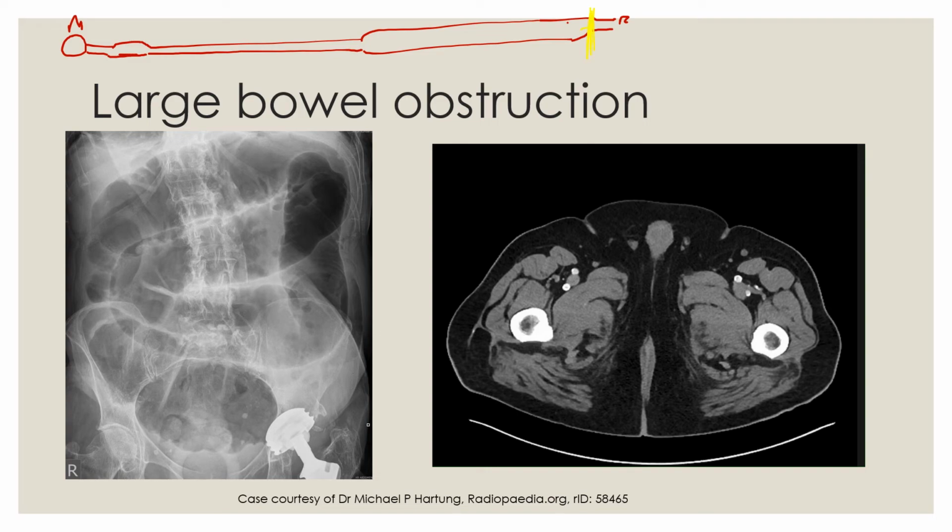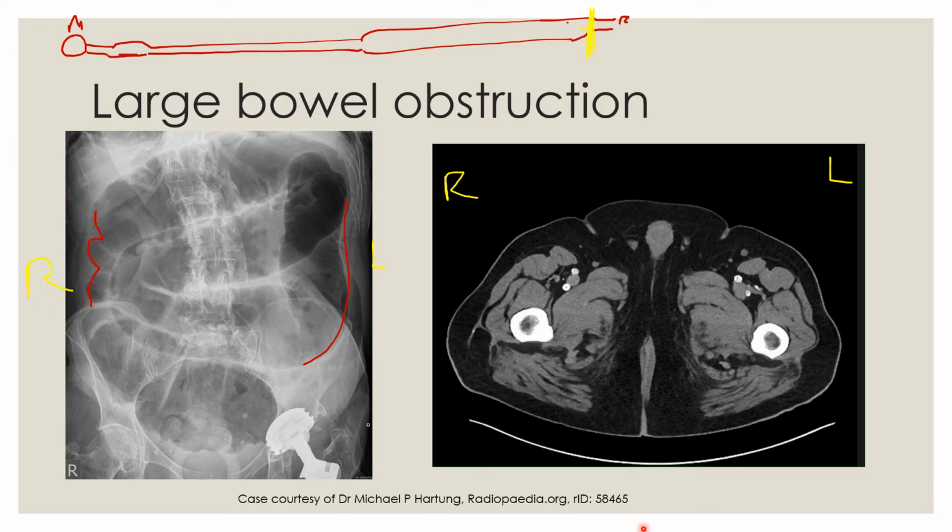So what we can see here, if you remember, right is on left of the screen and left is on the right of the screen. So we can see that there are multiple loops of dilated and gas-filled large bowel. We can see that they are large bowel, as you can see the haustra markings here.